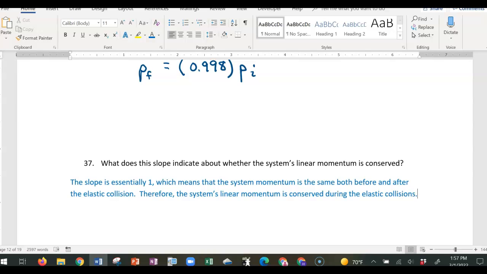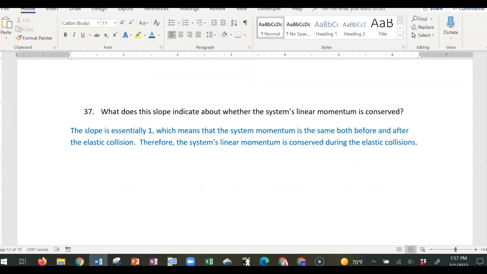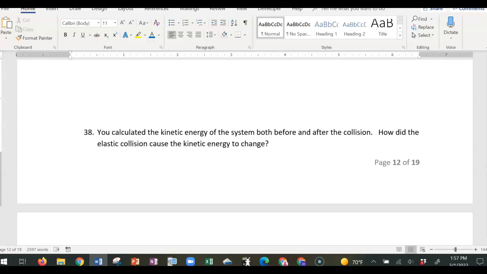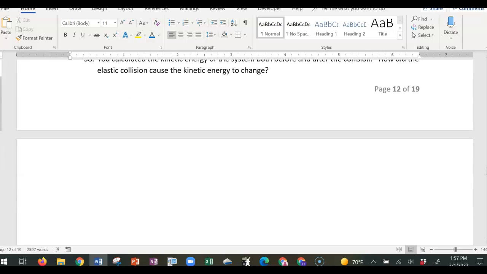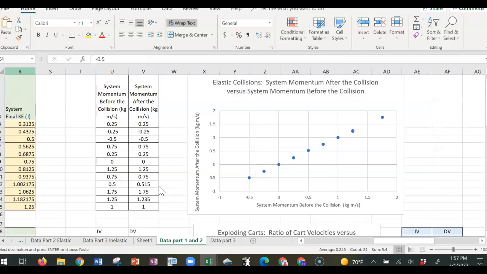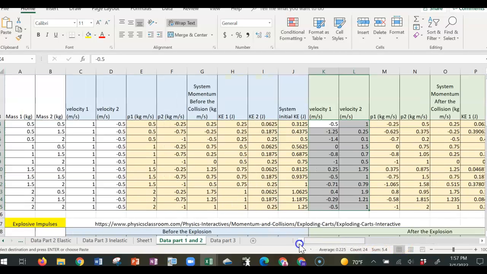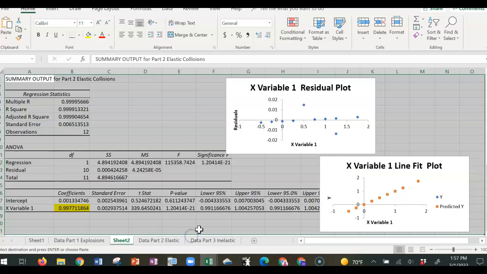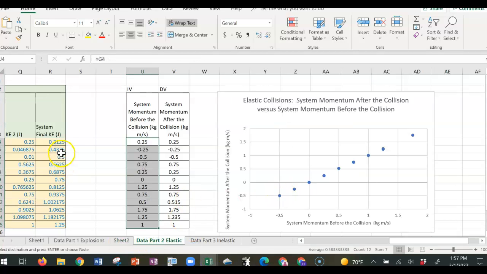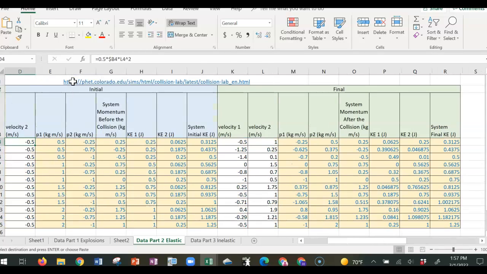We had the same amount of momentum after the collision as we did before the collision. We calculated the kinetic energy of the system both before and after the collision. How did the elastic collision cause the kinetic energy to change? Well, if I look at my table, let's compare the kinetic energy both before and after.